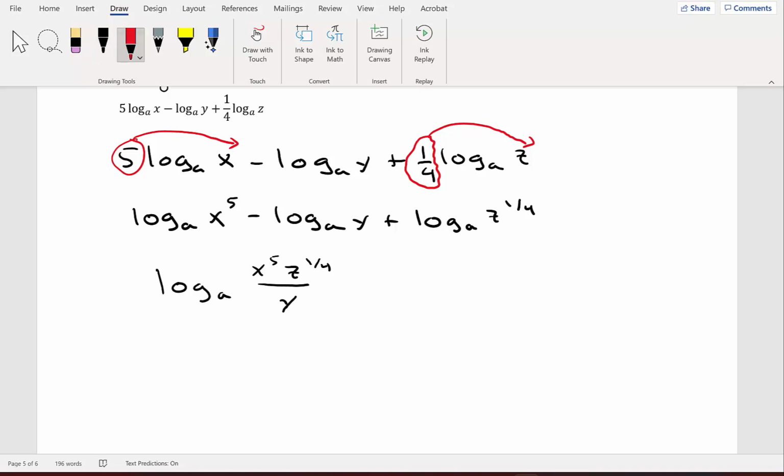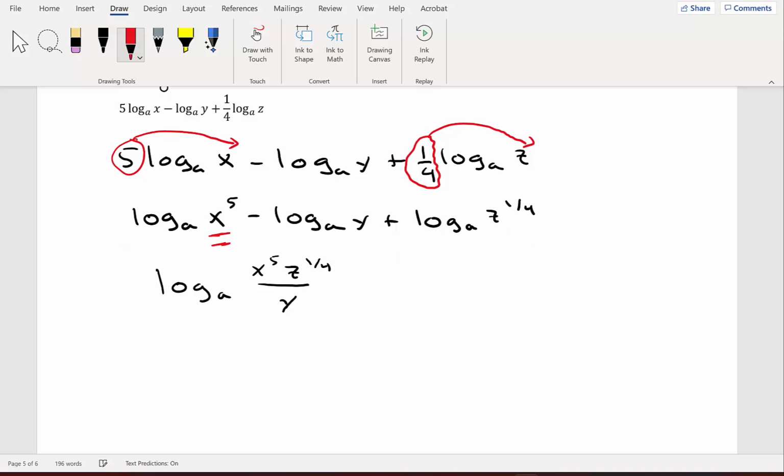So whatever log has a minus, the expression within the log is going to be in the denominator of the fraction. Whatever has a plus, whichever log is positive, the expression that we're taking the log of is going to be in the numerator of our fraction.